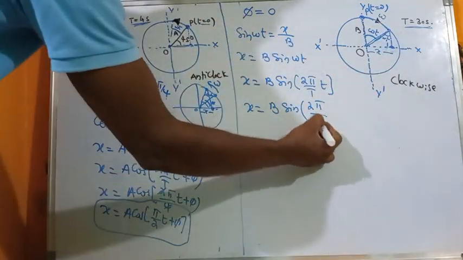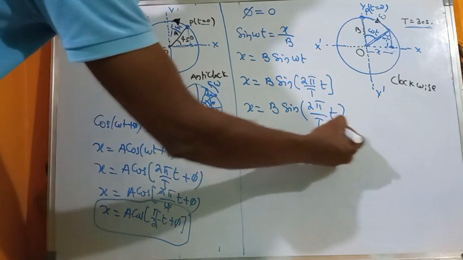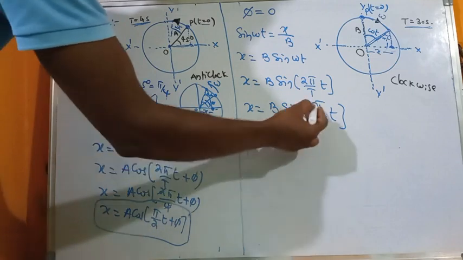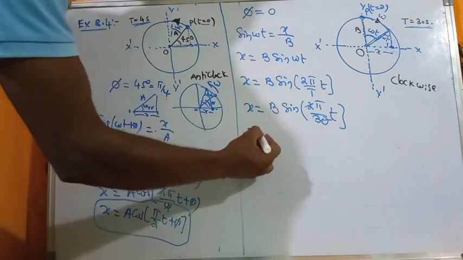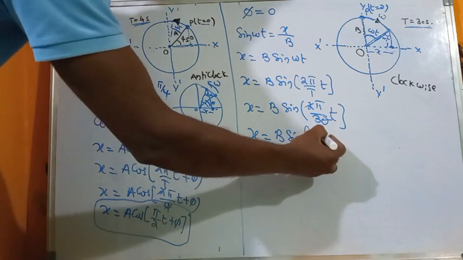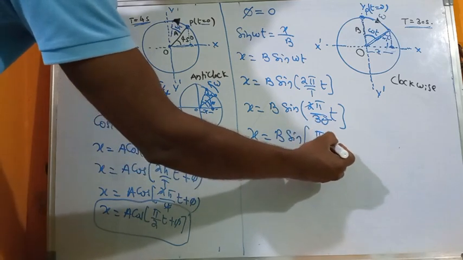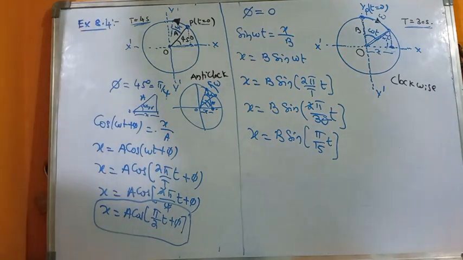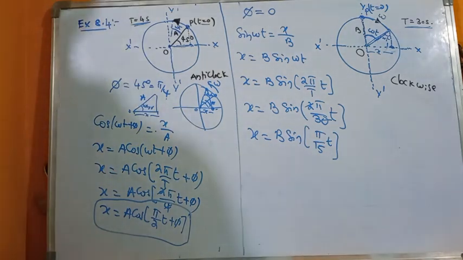So capital T is equal to 30, then 2 ones are 2, 15s are. So x is equal to b sine of pi by 15 into t. This is the x projection, or simple harmonic motion equation, in clockwise direction.